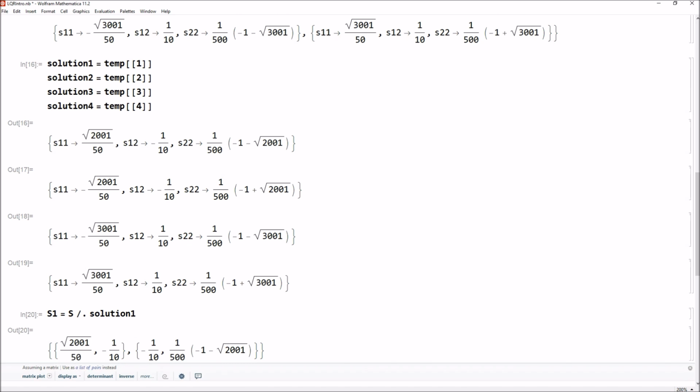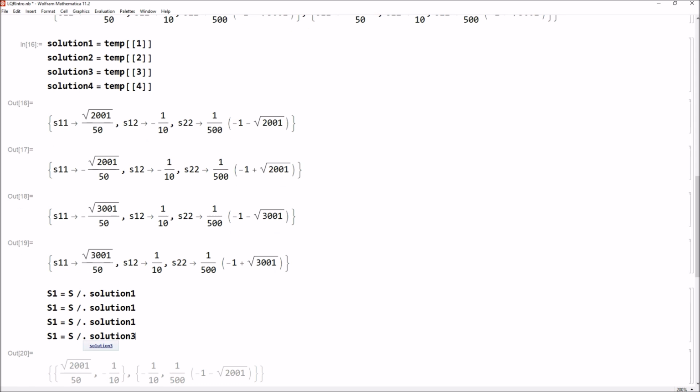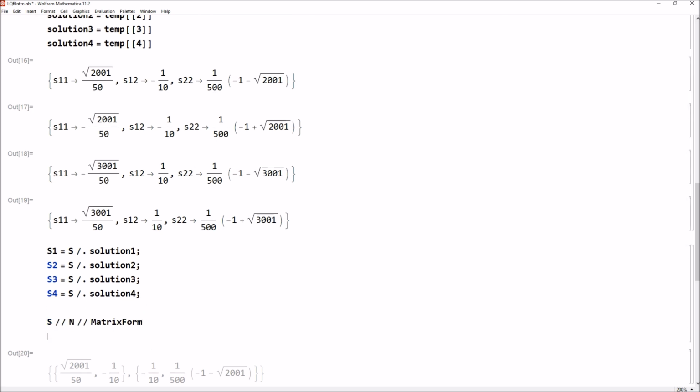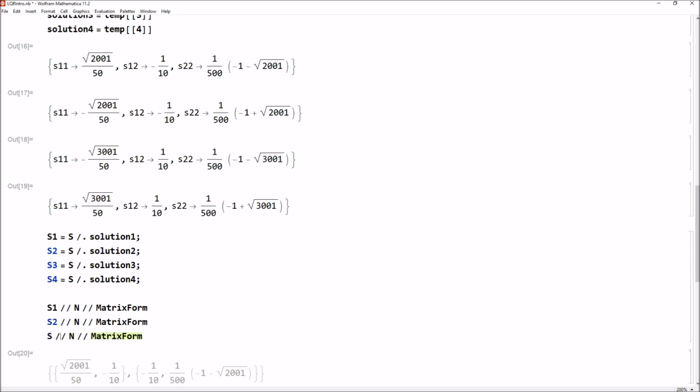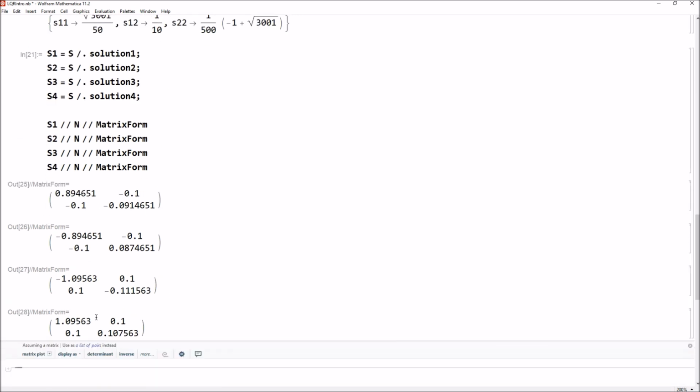So here's S1, and let's do this for all 4: S2, S3, S4. Let's suppress the output for all these, and then look at these things as numerical values in matrix form, just so we can get a rough idea of what they look like. So we see here are the 4 solutions to the algebraic Riccati equation.